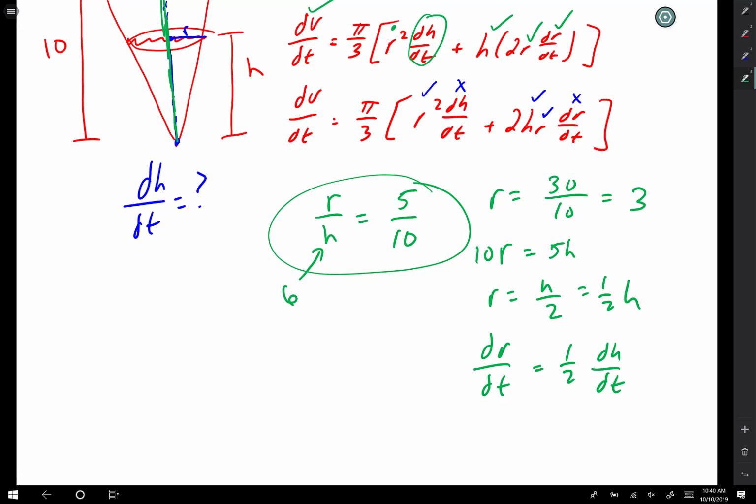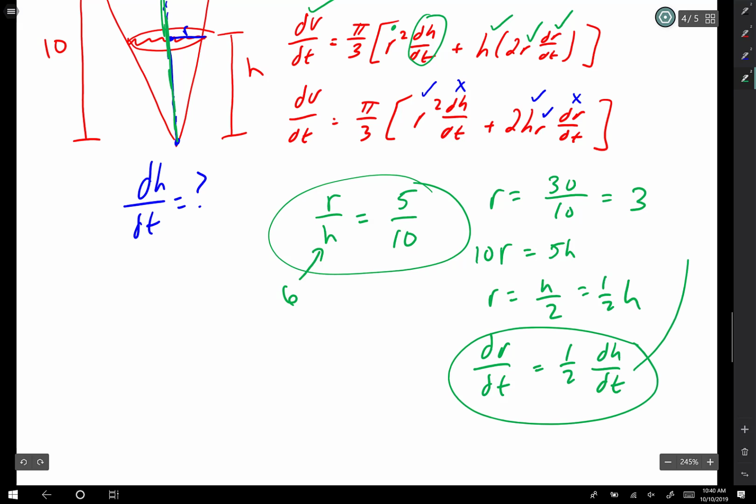All right. So here's what I'm going to do. You see this dr/dt in red? What do you think I'm going to do to that? Starts with the letter S. Substitute. I'm going to substitute my 1/2 dH/dt. Cool or not cool?